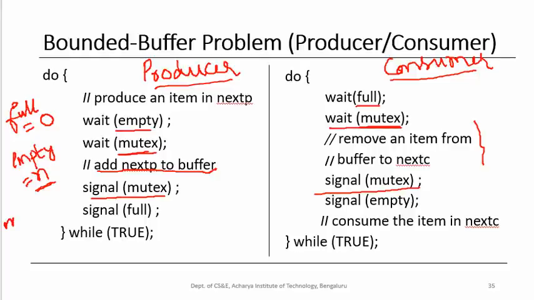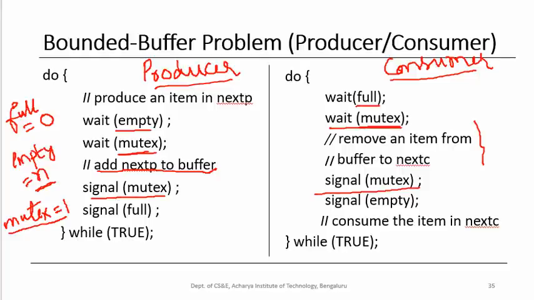Now you have to tell me. It is a binary semaphore used as a lock, so the initial value of mutex should be 1. Whichever sees mutex as 1 will get the buffer to manipulate it. This you will have to remember.